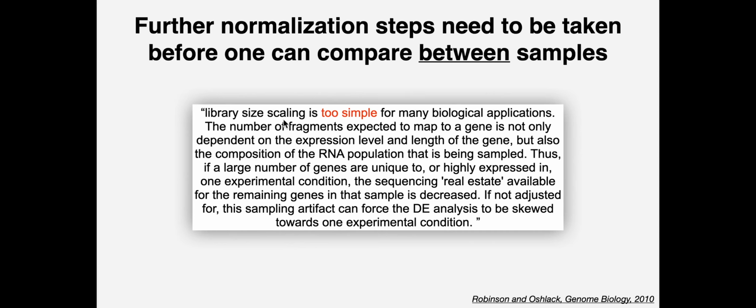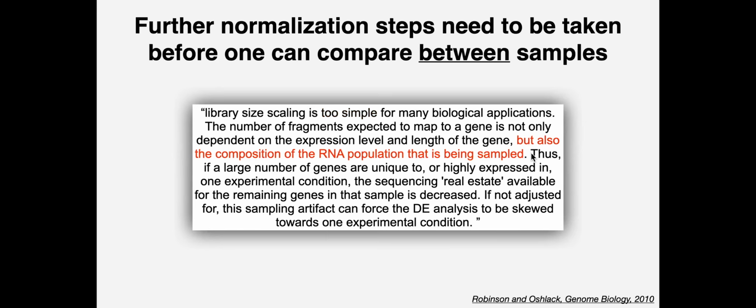Library size scaling, so things like RPKM, is too simple for many biological applications. The number of fragments expected to map to a gene is not only dependent on the expression level and length of the gene, but also the composition of the RNA population that's being sampled.